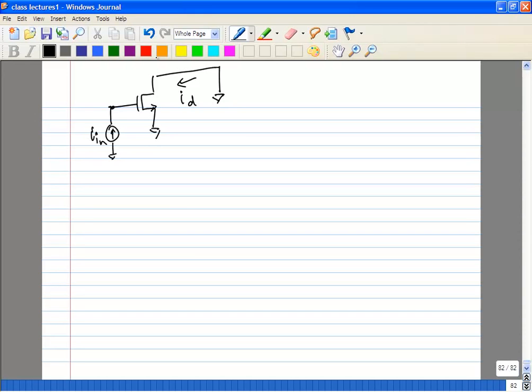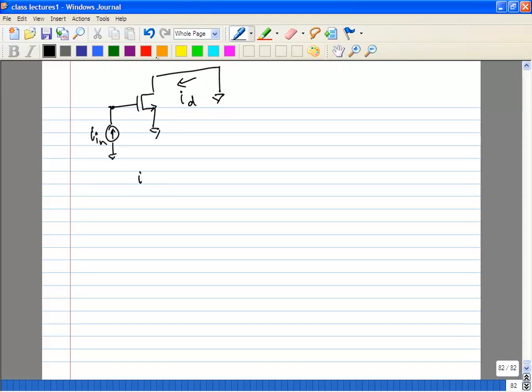Okay, so the common definition of omega t or ft neglects the drain to bulk capacitance, it neglects Rg, and it takes into effect CGD only for input impedance. Okay, nothing else. It doesn't take the effect of the feed forward effect of the signal.